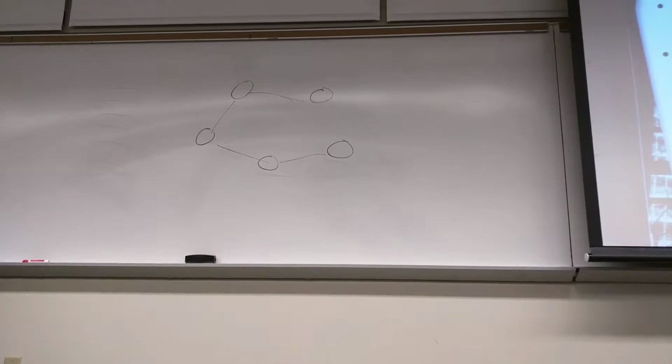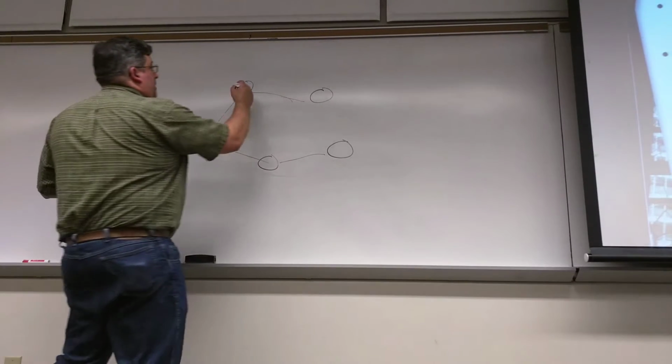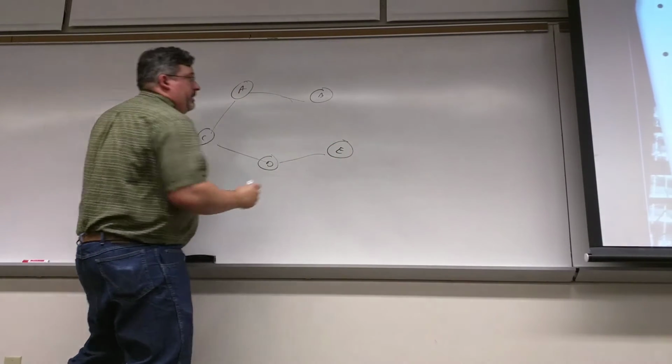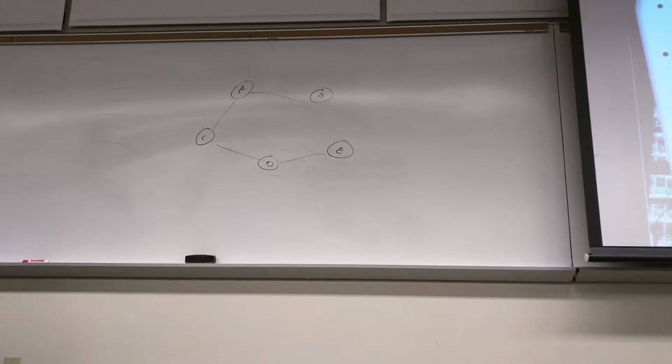Let's just label these. A, B, C, D, E. Where would I put an edge, add another edge without making a cycle? Any cycle. Can't think of anything, right? No, you can't. So if I add another edge, I'm going to have a cycle.